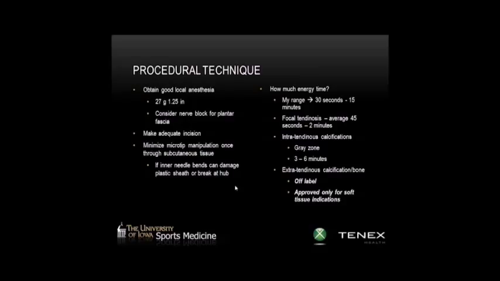The other thing to realize is that whenever you are trying to move the tip into different regions of pathology, you need to minimize how much manipulation of the microtip you do once you pass through the tissues. Once you're through the subcutaneous tissues, you're going to be passing through fairly thick fascial layers, and that can cause some bending of that needle.